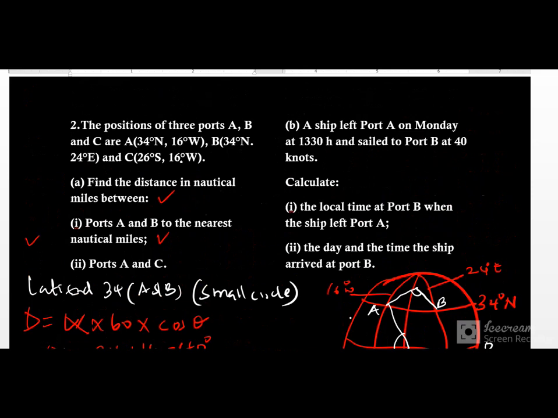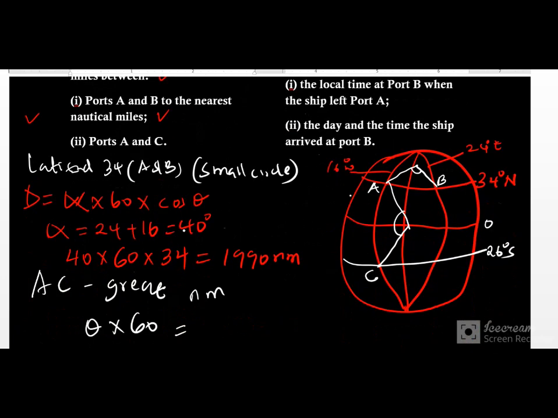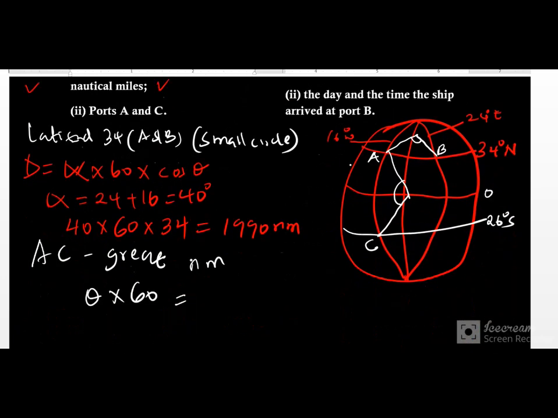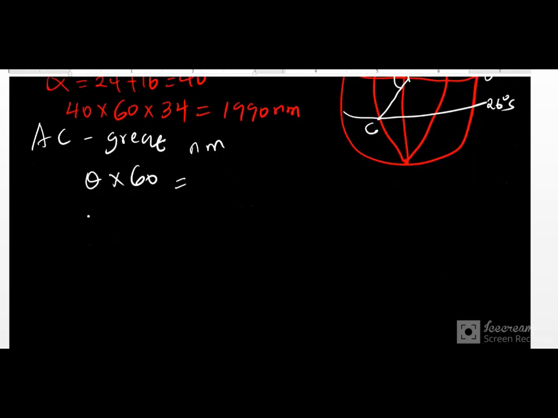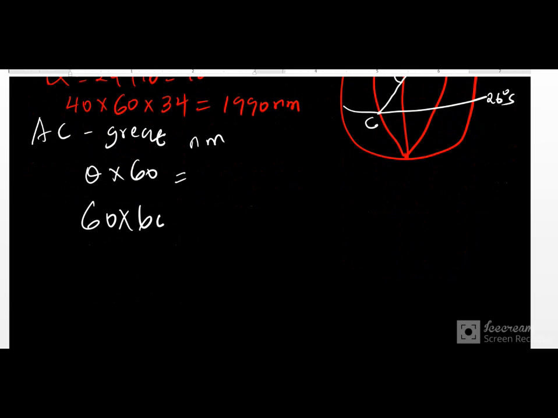They are on the same longitude, so the angle difference is 26 plus 34, which is 60. That is now 60 times 60, which gives us 3600.